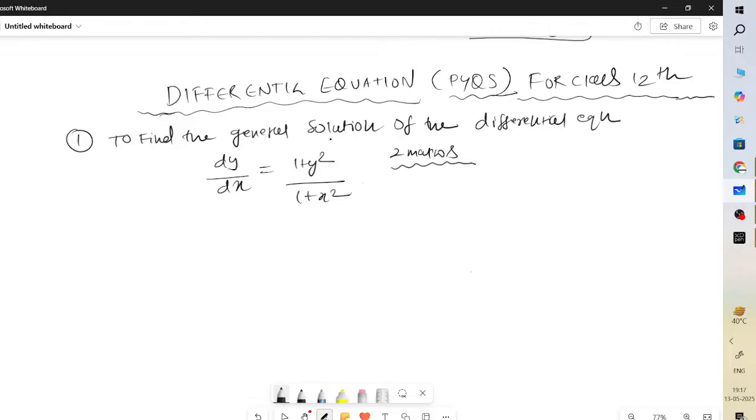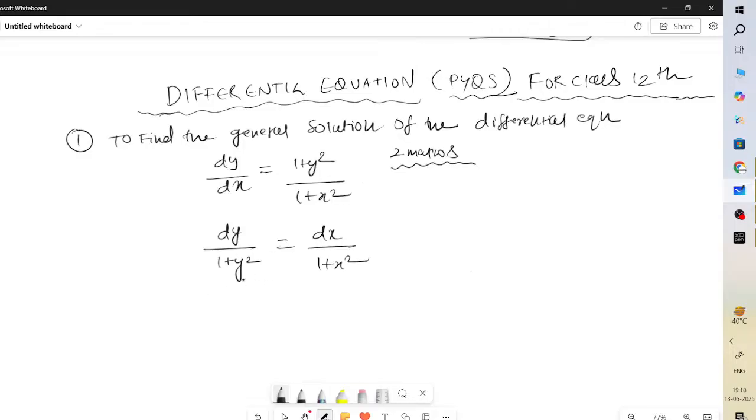So for this, in next step, we separate the variables. Like we keep dy with the variable of y and dx with the variable of x, like this. dy by 1 plus y square equals dx by 1 plus x square.